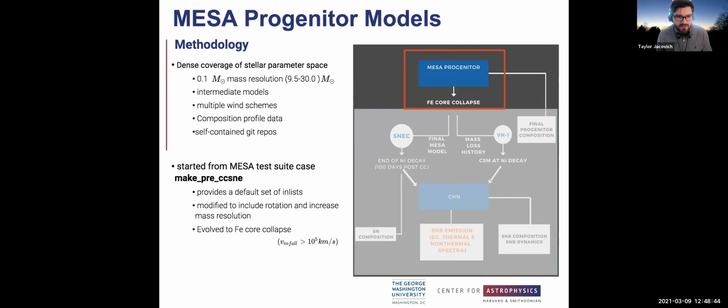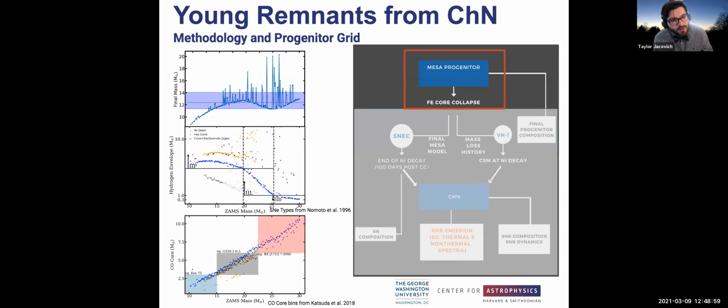Another thing that we considered was the mass loss of the star. How the star loses mass before it explodes will affect what that final CSM looks like. That was a very important thing to consider when we were generating this pipeline. So here on the left, we have a few plots that show what the final progenitor distribution looked like.